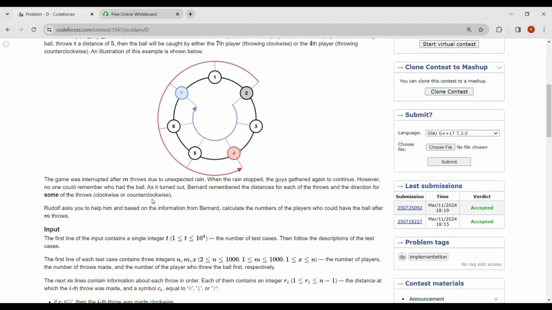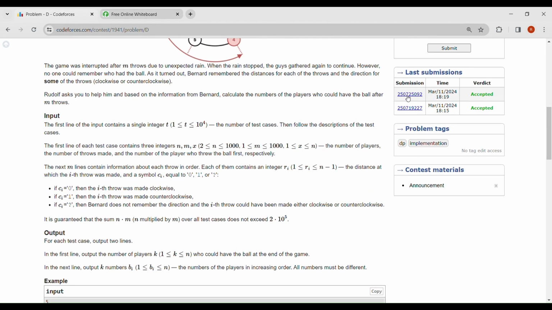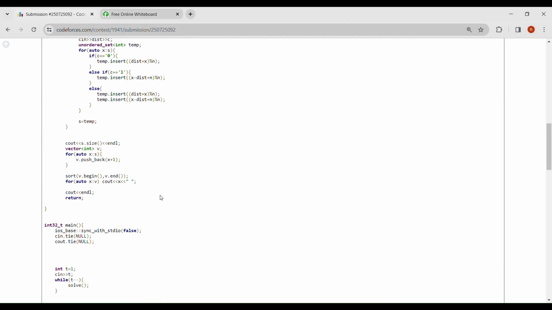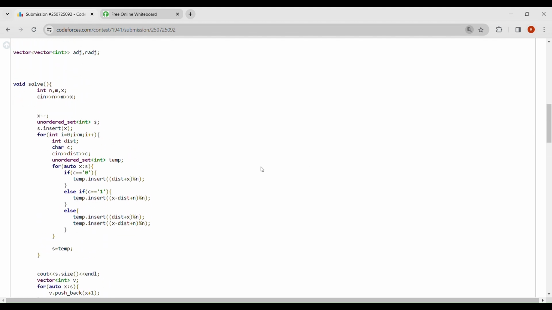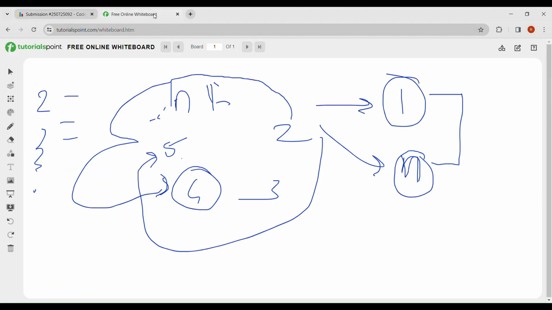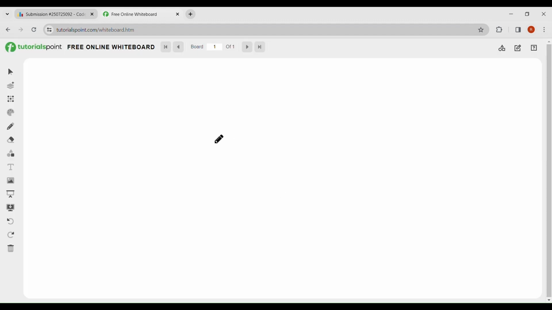Now I will explain my code. So there are two codes. In this question, firstly, I created zero-based indexing, because to get the remainder it helps in traversing in a better way.